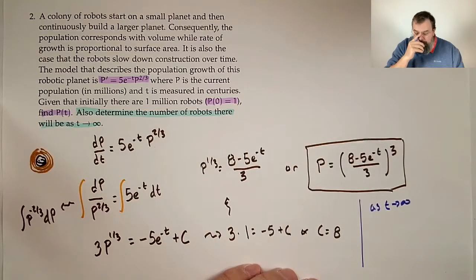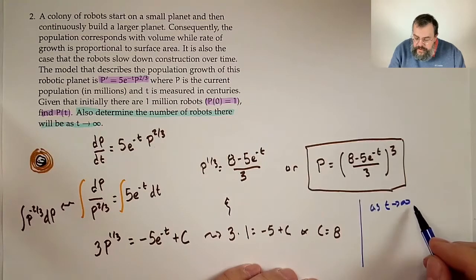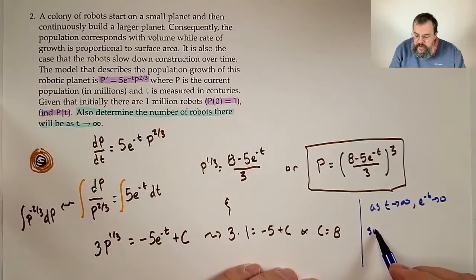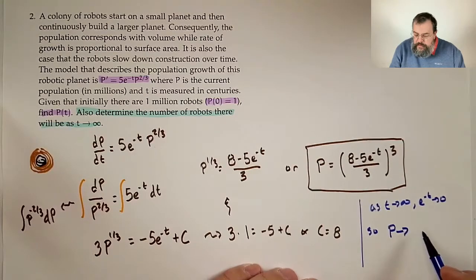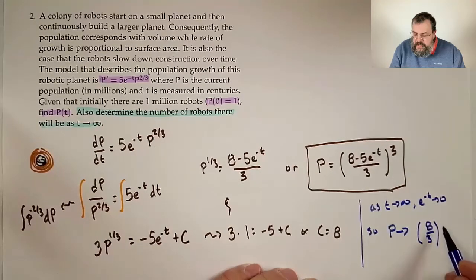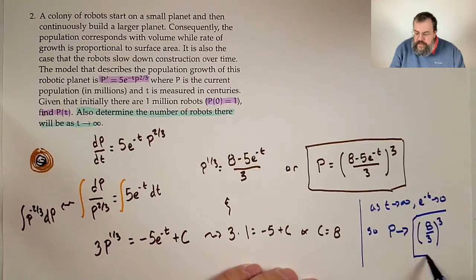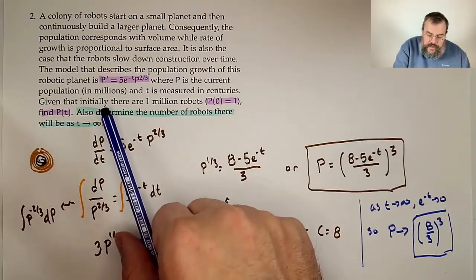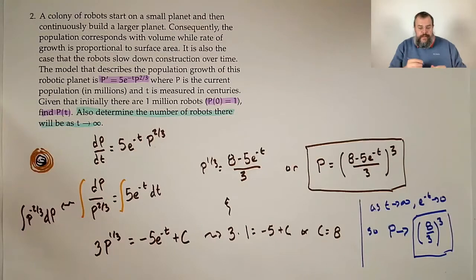So the point here is e to the minus t goes to 0. And so we get that P is going to approach (8/3) cubed. And you might say, that's not a very big number, but remember, the population is in millions. So, yeah, it's not a small number. There's many, many millions. Plenty of other robots for the robots to hang out with.